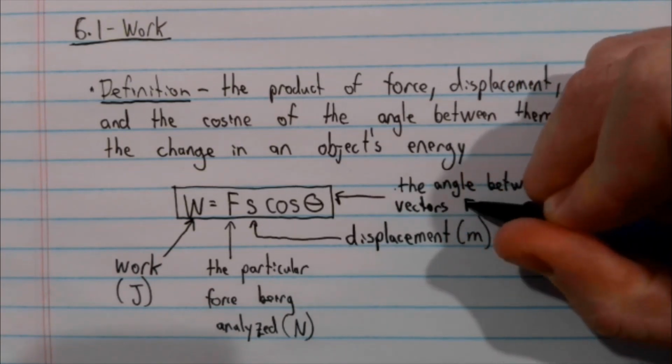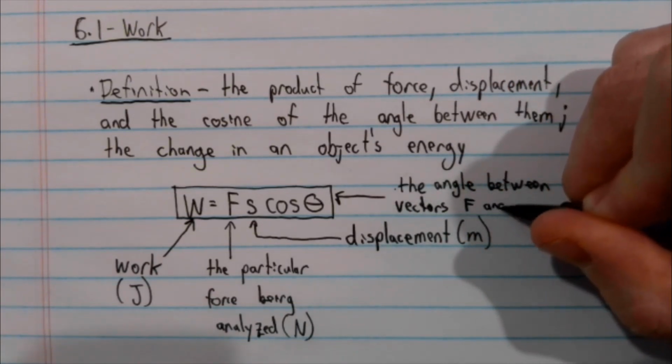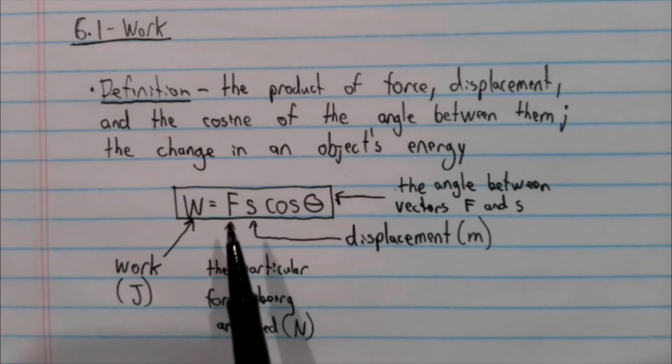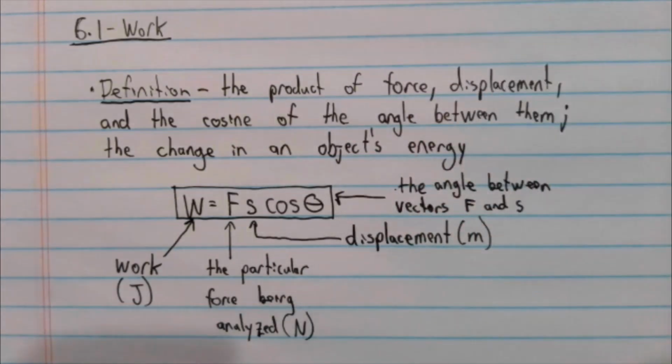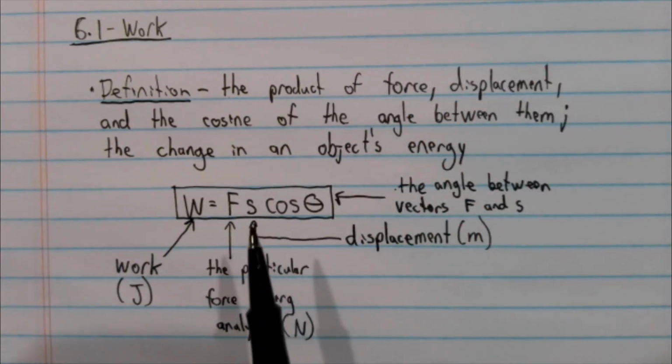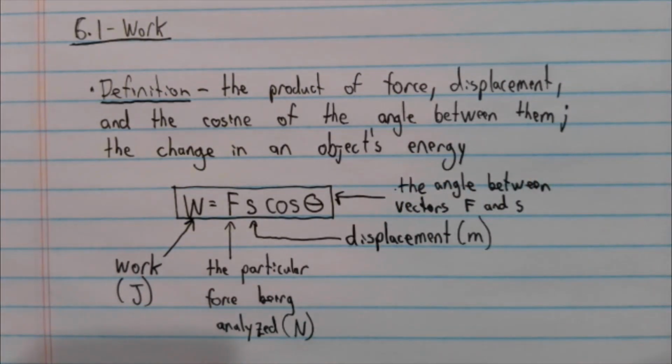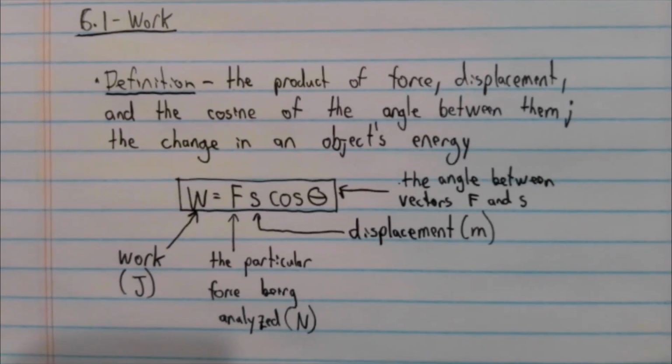F is a force that points in a certain direction. So maybe we're looking at gravity. That means that F points down. S is a displacement that points in a direction. Maybe the object is moving down, so S would point down. I'll leave it there. So there's our definition for work.